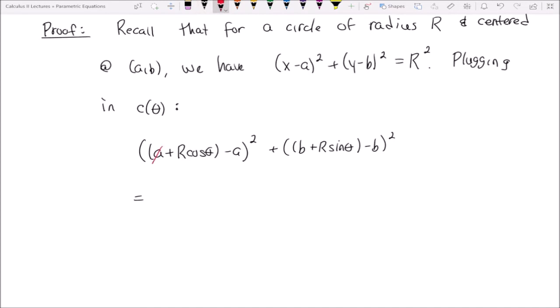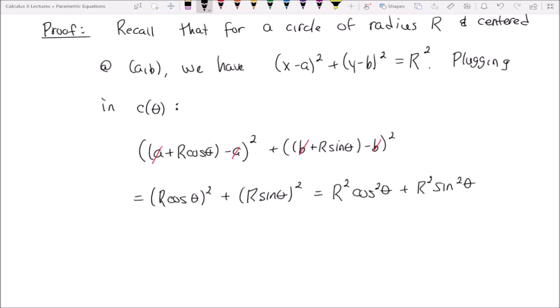So what we get is these a's are going to drop out, right? These b's are going to drop out. We get r cosine theta squared plus r sine theta squared, right? That's going to be r squared cosine squared of theta plus r squared sine squared of theta.